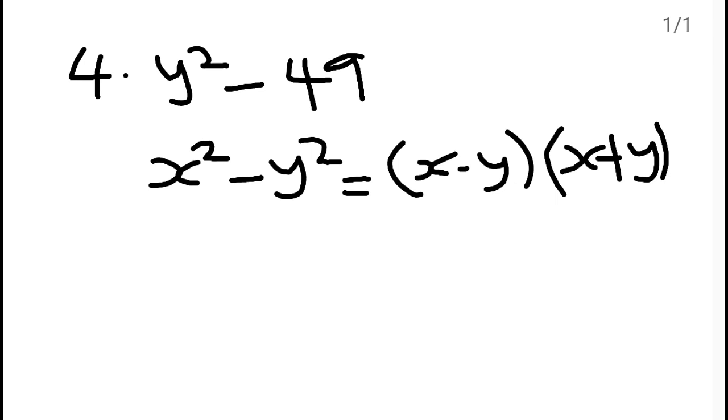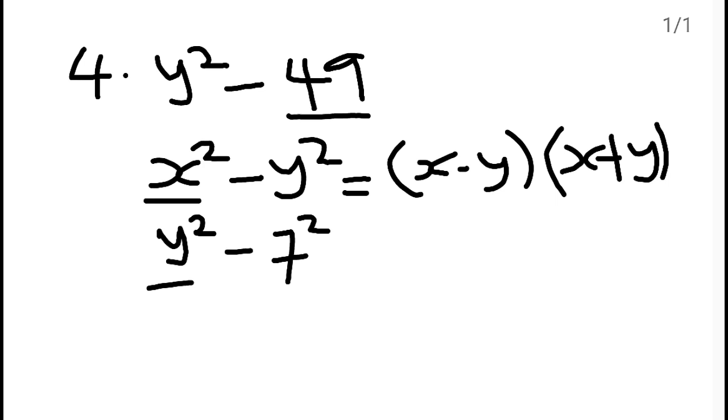So let us also factorize y squared minus 49. We just need to break this 49 in terms of 7, because 49 is coming from 7 squared. So this will be the same as y squared minus 7 squared. When we compare again, we have y where there is x, and we have 7 where there is y.